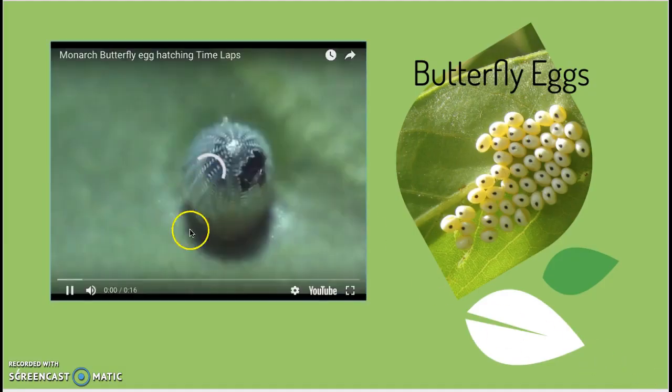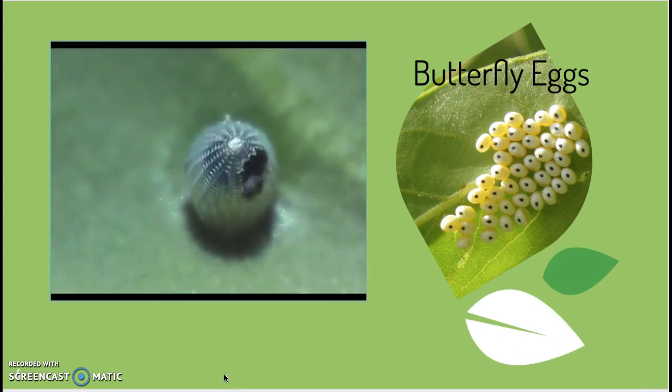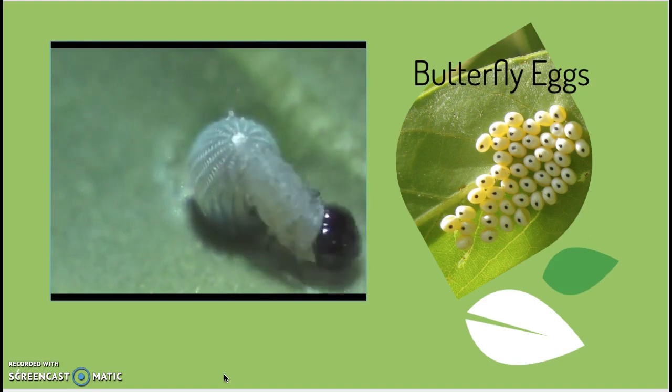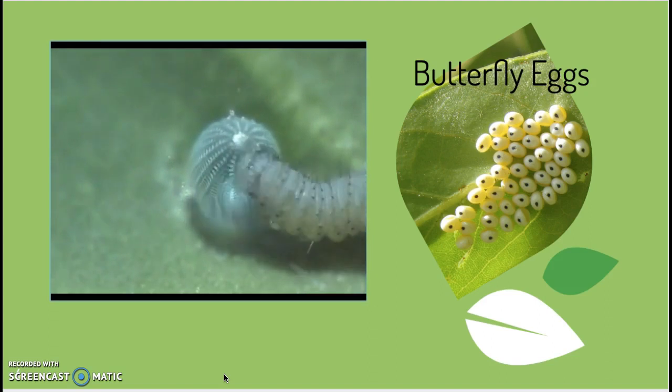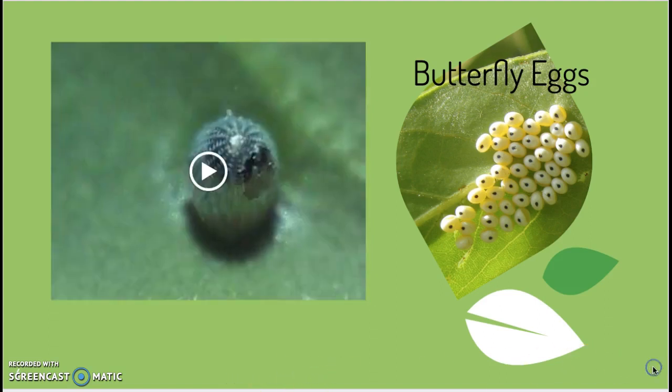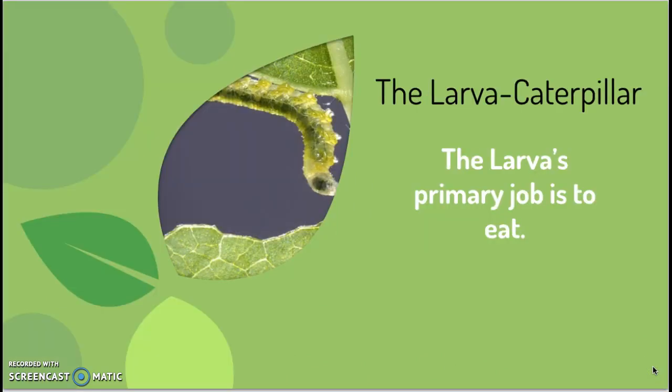Butterfly eggs are laid primarily on plants by adult female butterflies. They can lay hundreds of eggs and need to do so because only a few will end up surviving all the way to adulthood. And you can see in the video there what ended up emerging from that egg is the next stage, which is the larvae or the caterpillar, whose primary job is to eat.